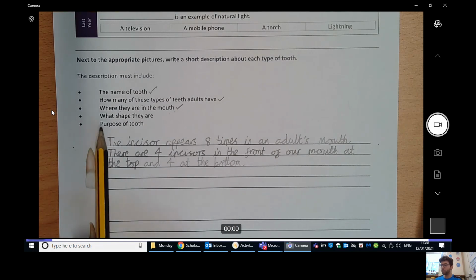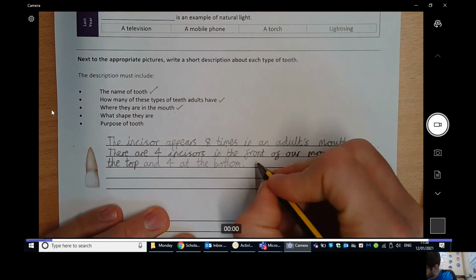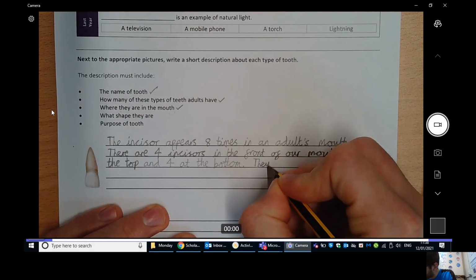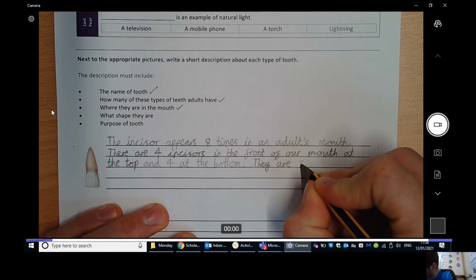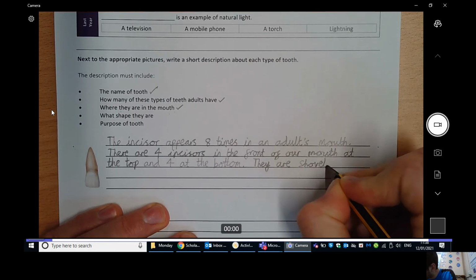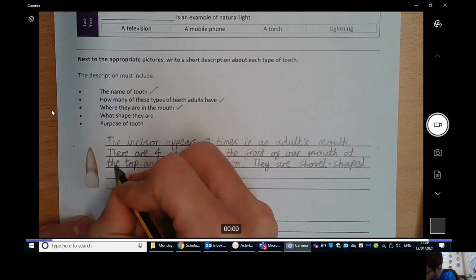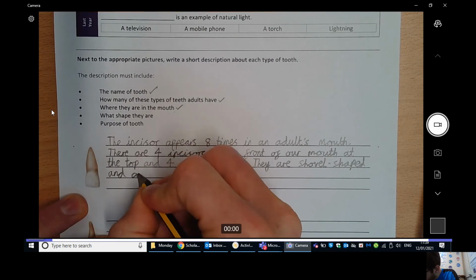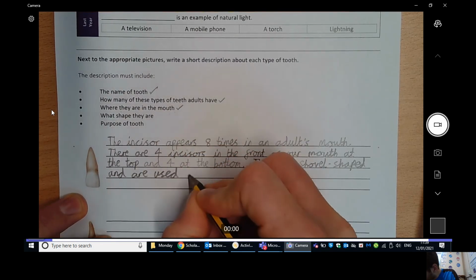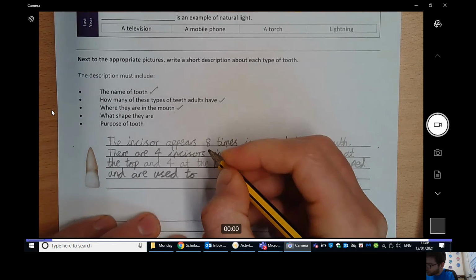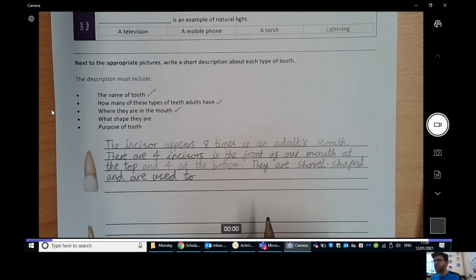So there are 2 more. I need to say what shape they are and also the purpose of the tooth. So what job it does. So what shape are they again? Remember, they're like a type of tool that you would get. So I remember they are shovel shaped and are used to, what are they used to do again?